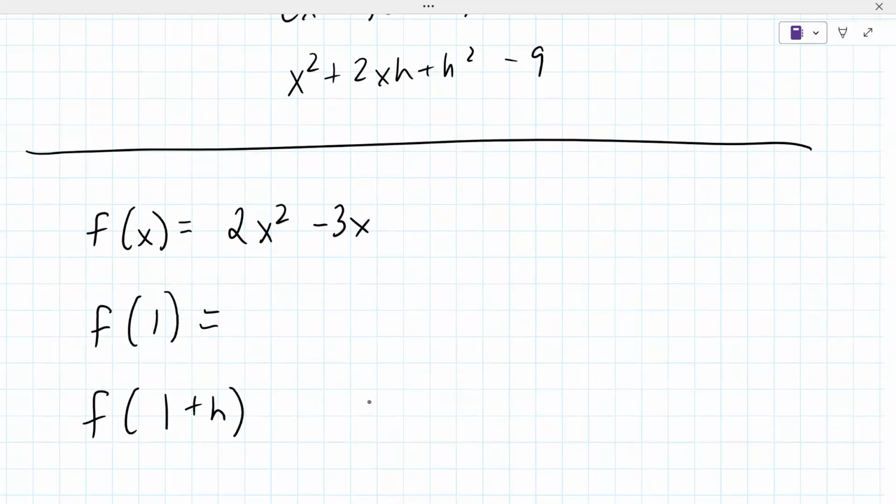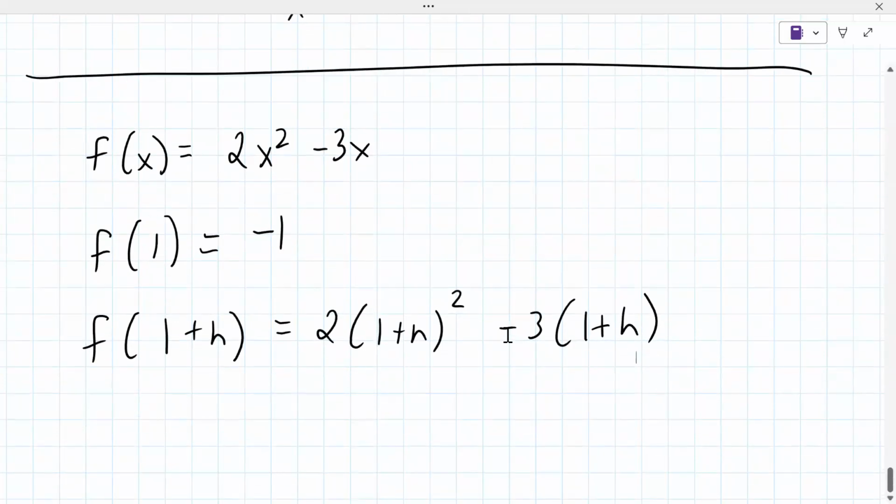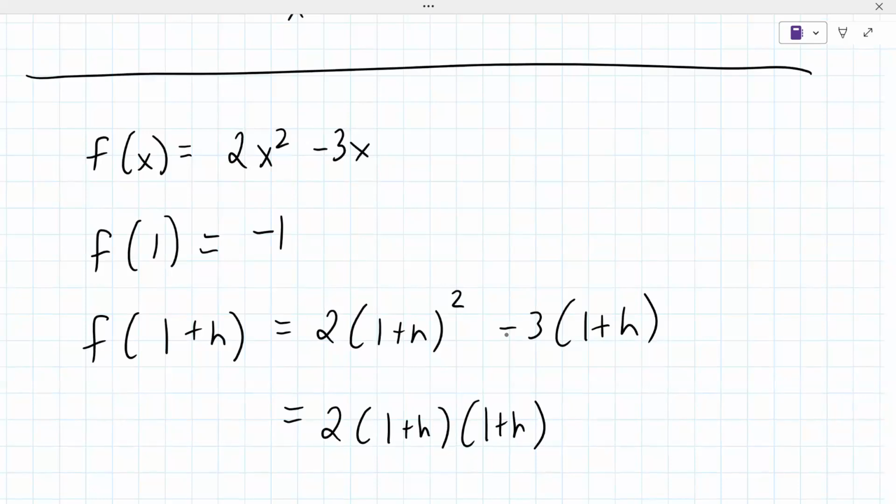So can you tell me f of 1, please? Yes. It's just -1. It is -1, yeah. Can you now do 1 plus h, it's 2 times 1 plus h squared minus 3 times 1 plus h. All right, so to simplify this, there's a bit more work involved. 1 plus h times 1 plus h, and then you are distributing in on the right.